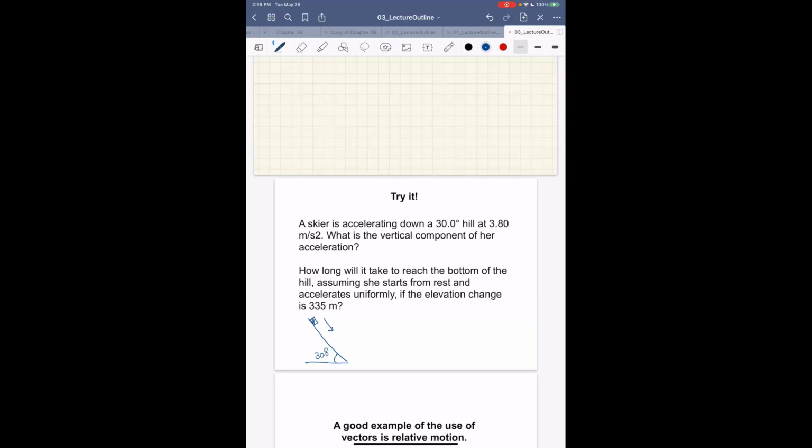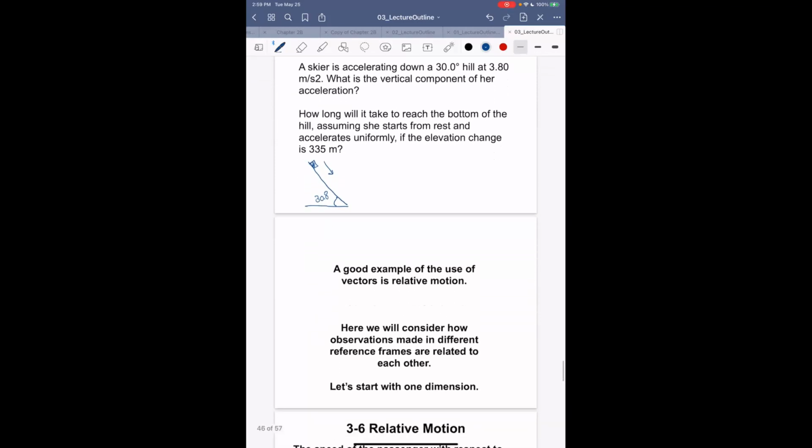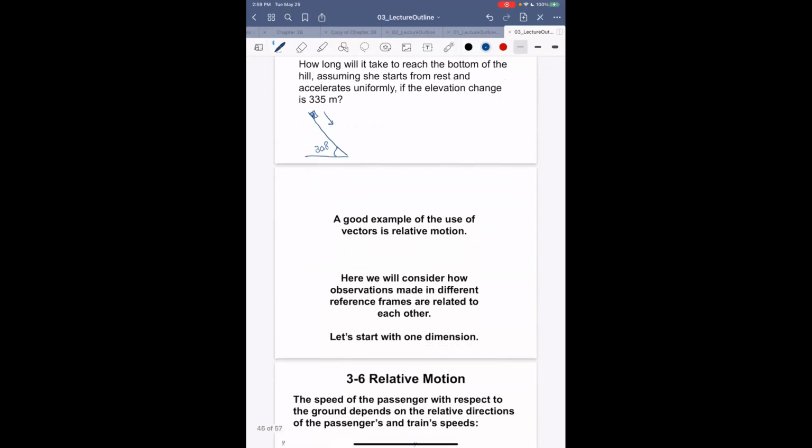How long would it take to reach the bottom of the hill, assuming she starts from rest and accelerates uniformly, if she's changing her elevation by 335 meters? This is a problem that I want you to try, and then we can work on the solution during office hours.